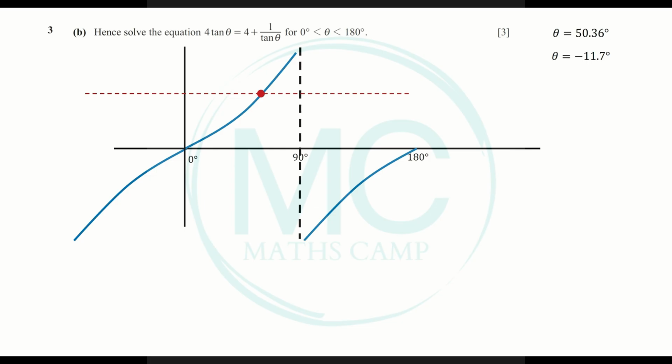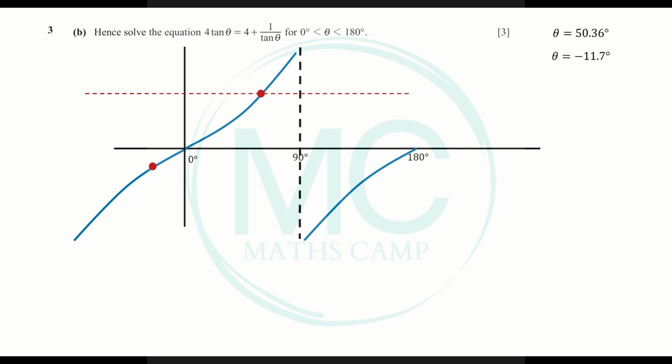This line does not touch our graph anywhere else, which means this is the only value of theta that we need to consider here. The other value we got was negative 11.7 degrees, and that will sit down here. But this angle sits outside of our domain. We cannot use it. But we need to look for any values of theta that we potentially can use.